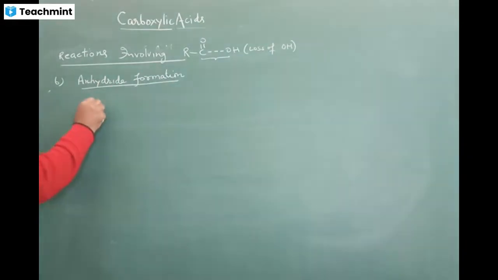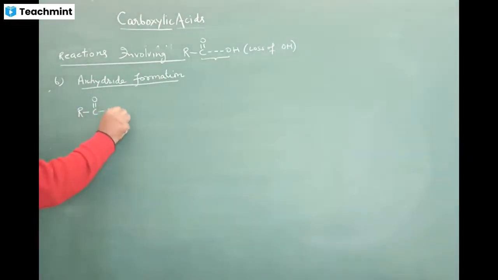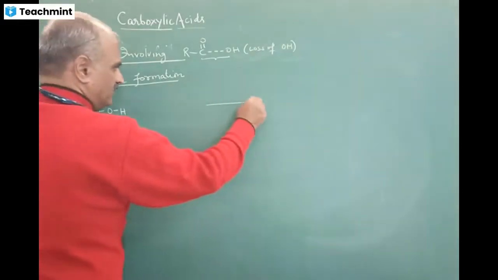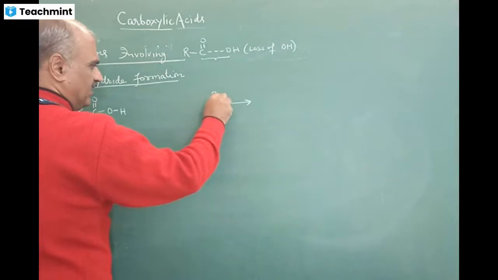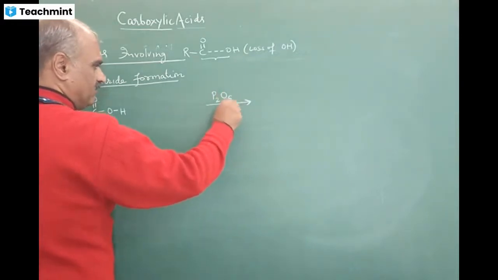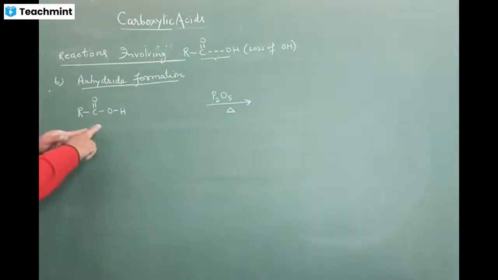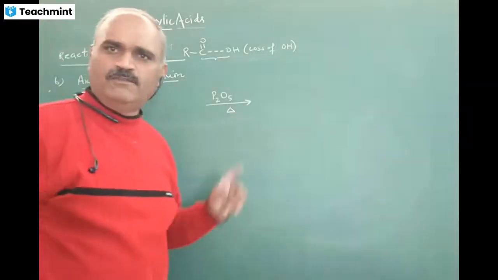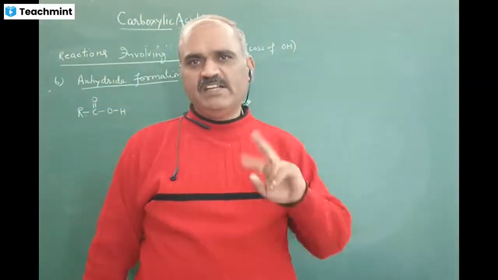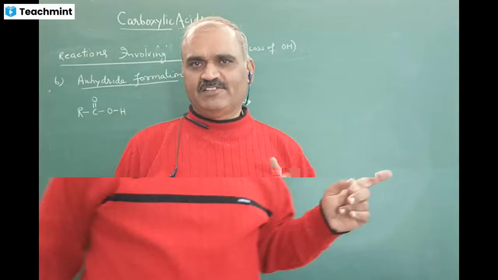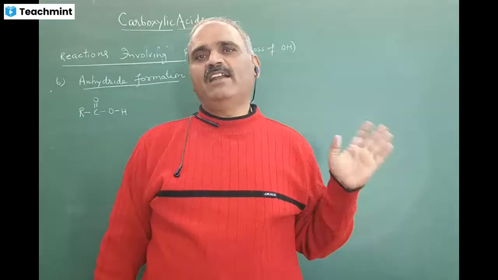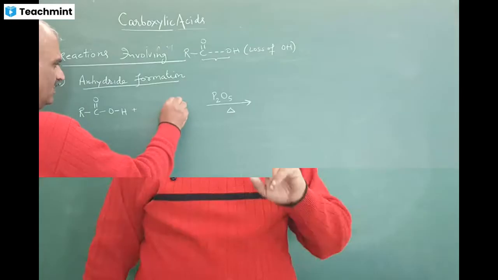A molecule of carboxylic acid, when heated in the presence of some dehydrating agent like P2O5, what happens? 2 molecules of acid interact. One molecule gives H plus, the other gives OH. Loss of water is formed. See, this is one molecule, this is the other molecule.